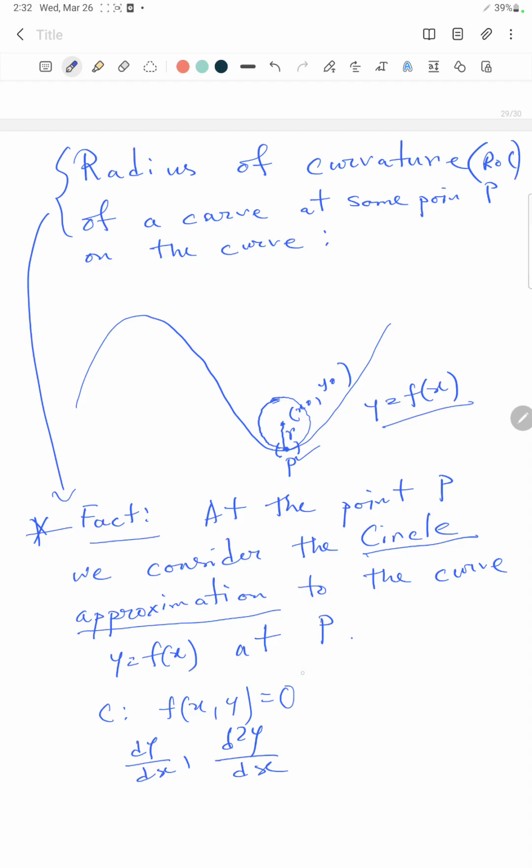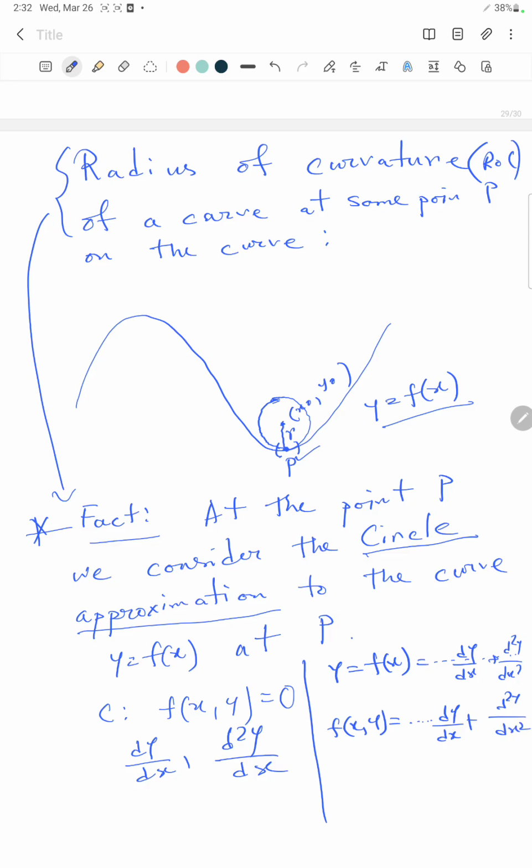Why am I saying that? If you consider the curve y equal to f(x), you can approximate this curve by Taylor series approximation, where dy/dx, d2y/dx2 terms will be involved. And if you take the equation of the circle and approximate it around this point P in Taylor series expansion, then also there will be terms like dy/dx, d2y/dx2.